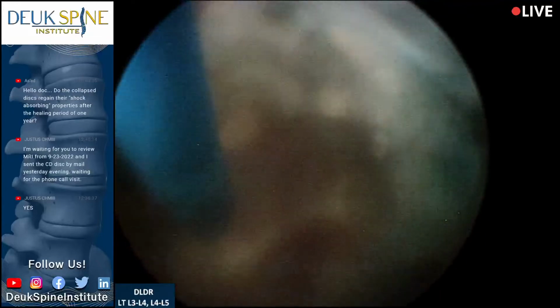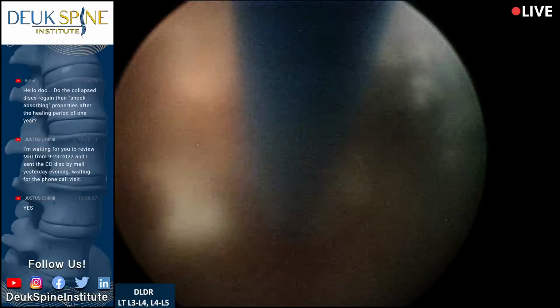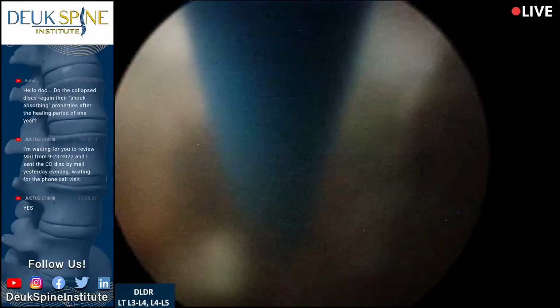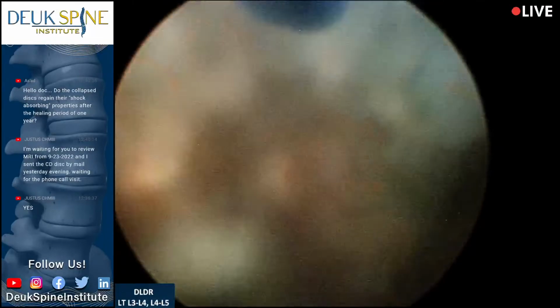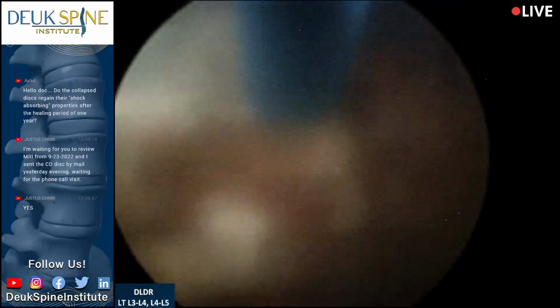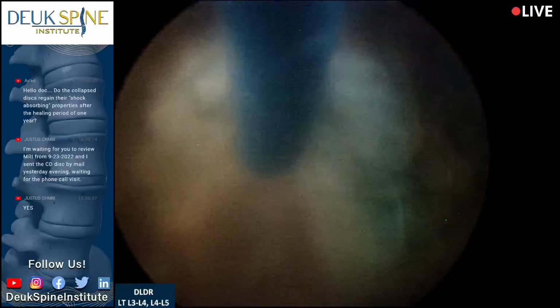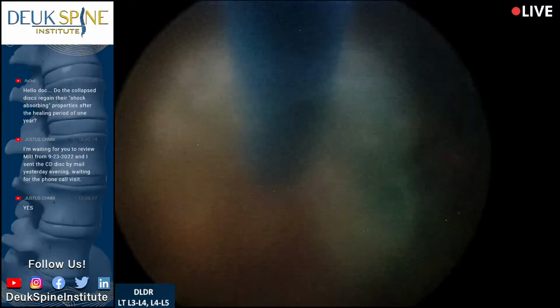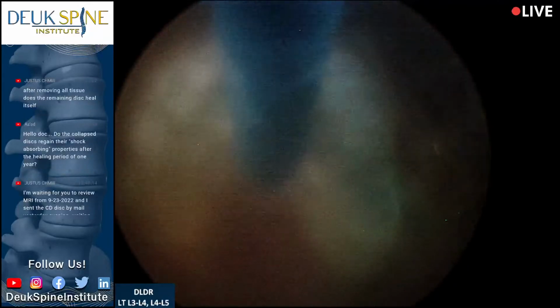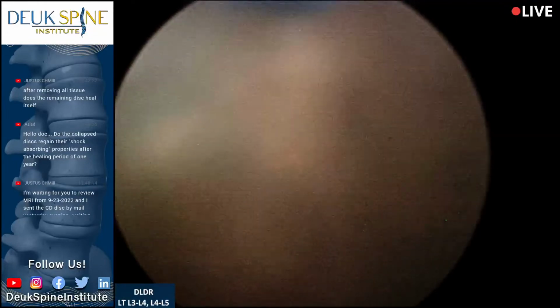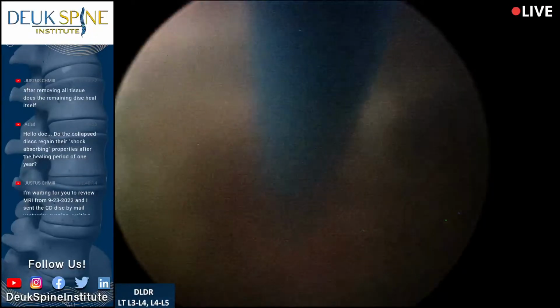A lot of people believe mistakenly that the jelly's purpose is shock absorbing, but it's not. The purpose of the disc is to hide the jelly from your inflammatory system. You see, the jelly is actually an embryological remnant of the notochord, and it's very, very inflammatory, very painful if it gets exposed to your blood supply.